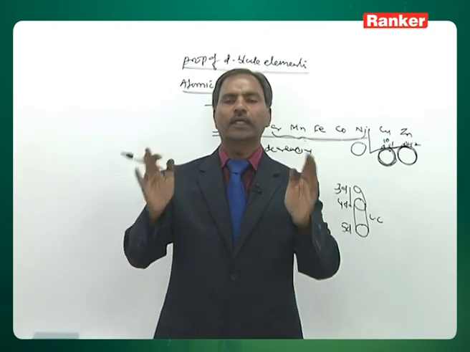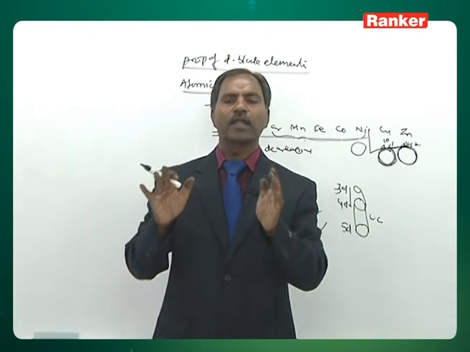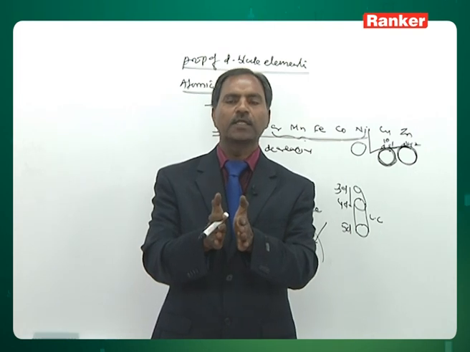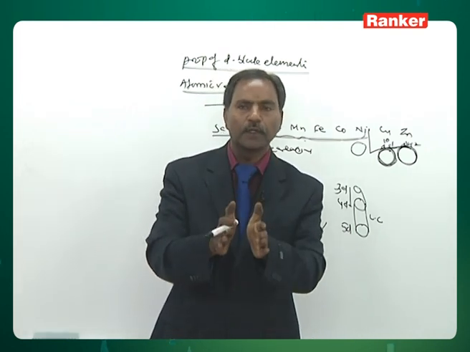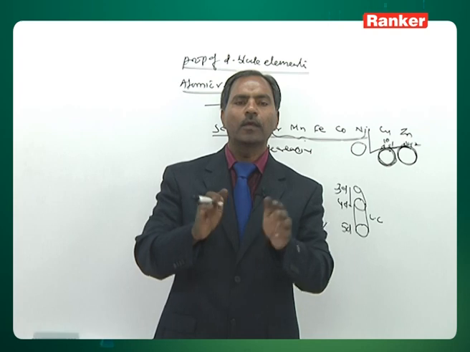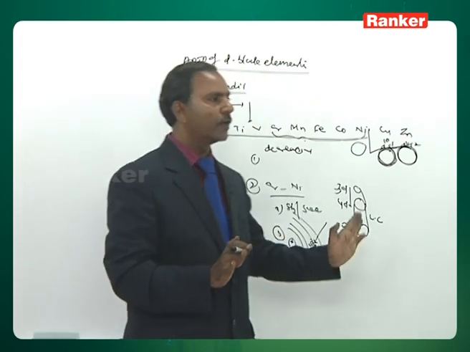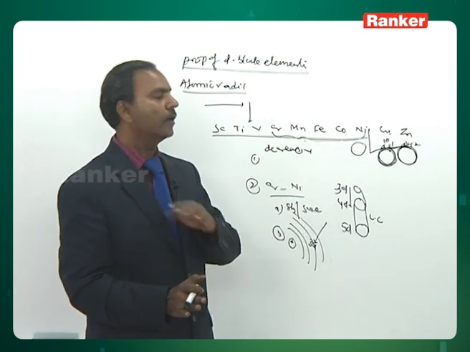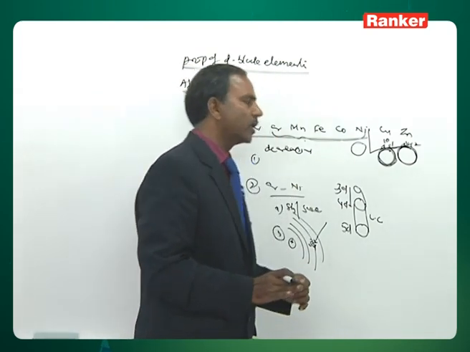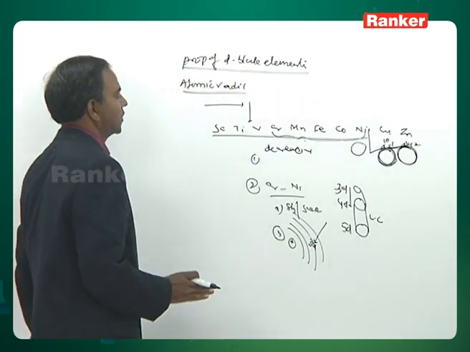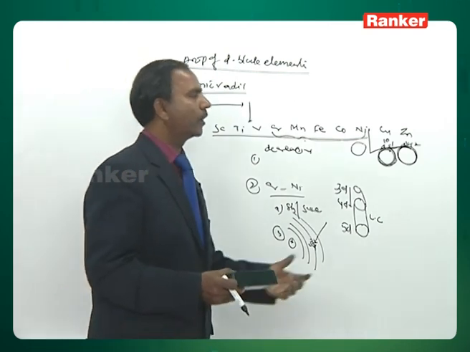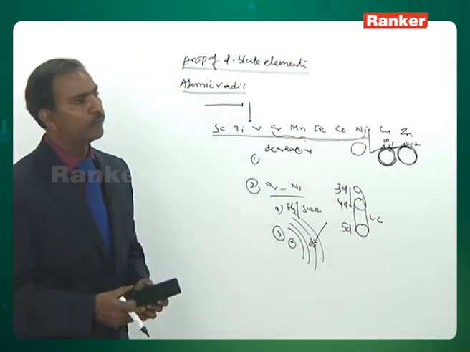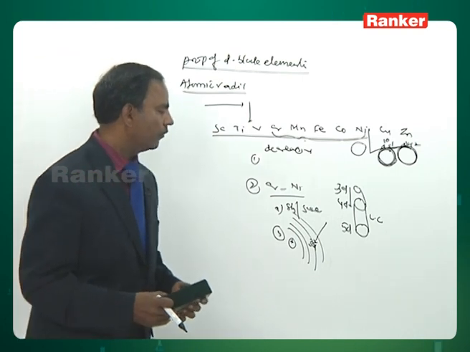Due to the lanthanide contraction effect, 4D and 5D have more or less the same sizes, and once atomic sizes are the same, their properties are more or less similar. So 4D and 5D are similar in their properties, and 3D and 4D show much more dissimilarities. This we can understand from the atomic radii of the 3D, 4D and 5D series of elements.